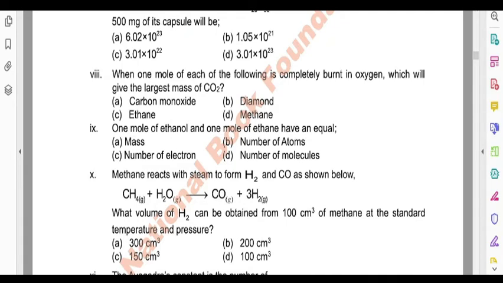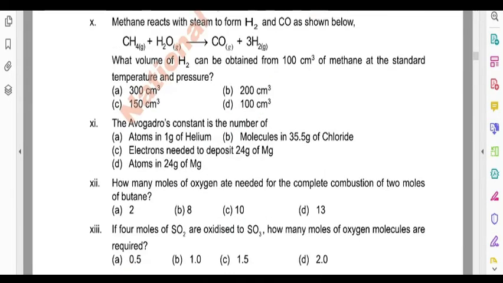Let's see the options, and here we have option A is 300 centimeter cube, so this is the correct option. In fact, you can do it directly from the balanced chemical equation here as well. So 1 mole gives 3 moles, so 100 centimeter cube will give 300 centimeter cube.